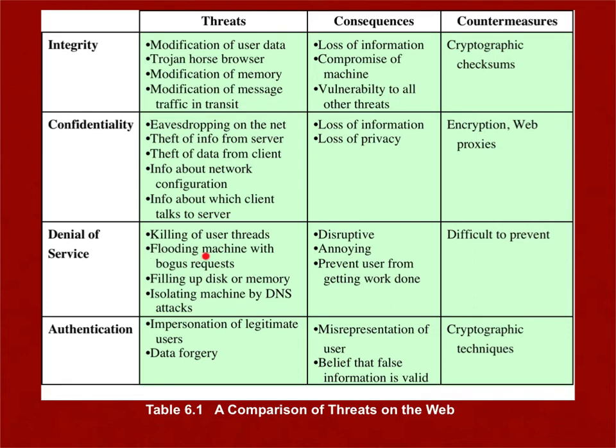So, flooding machines with bogus requests. As we said before, if we are receiving millions of requests from the same IP address or the same port, that's easy. But the problem is that denial of service is always actually performed in a distributed way.